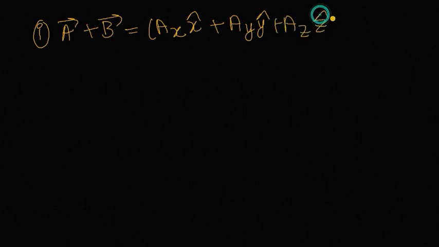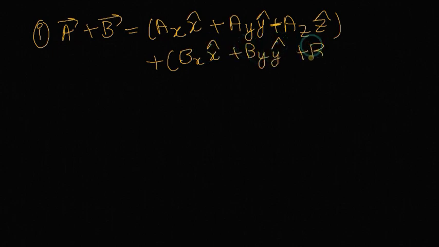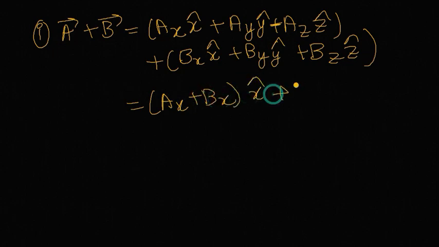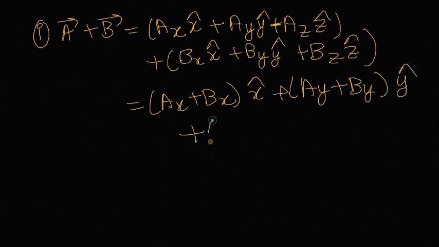If we want to add A vector plus B vector, where if we write the component that Ax x cap, Ay y cap plus Az z cap, and Bx x cap, By y cap plus Bz z cap, then we will get (Ax plus Bx) x cap plus (Ay plus By) y cap plus (Az plus Bz) z cap.